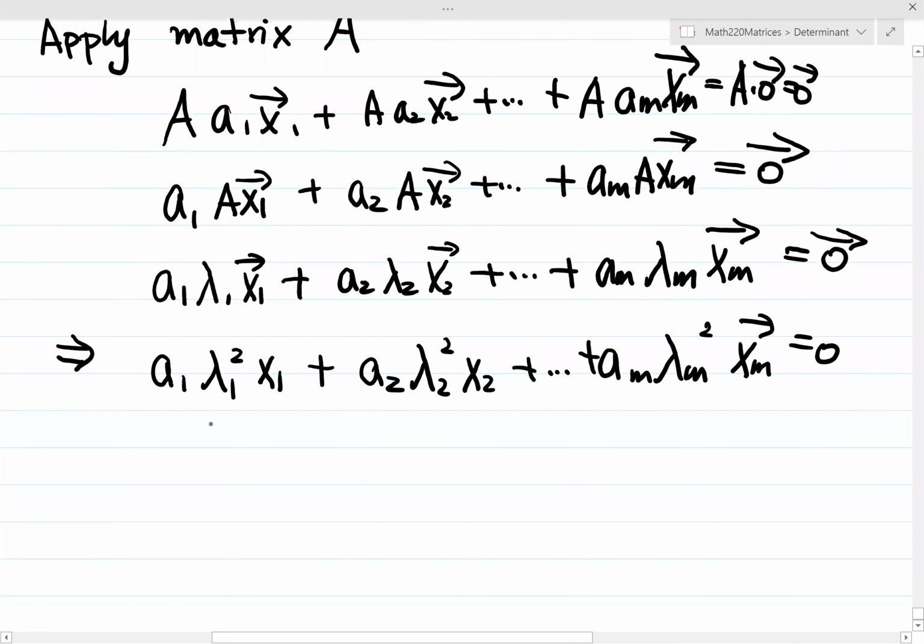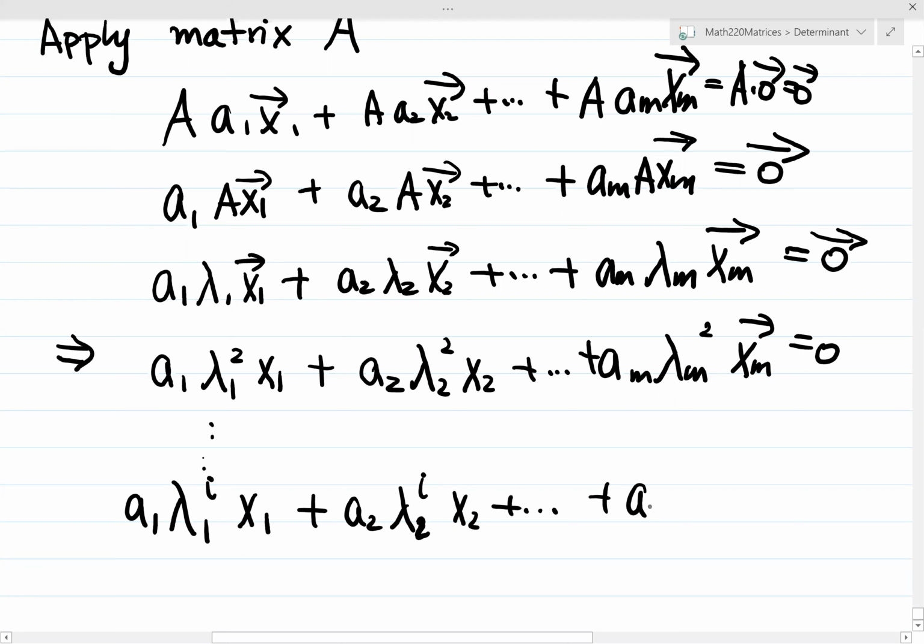Etc. So we can get many equations: a1 lambda 1 to the power i x1 plus a2 lambda 2 to the power i x2 plus etc. plus am lambda m to the power i xm is 0.